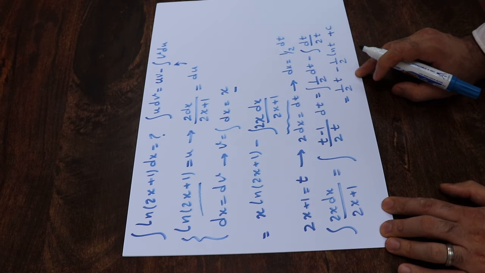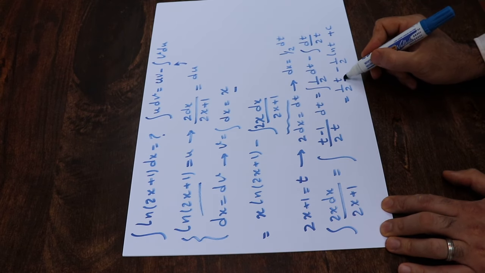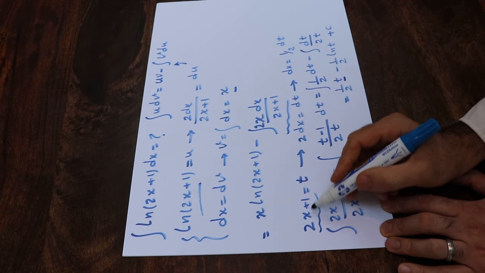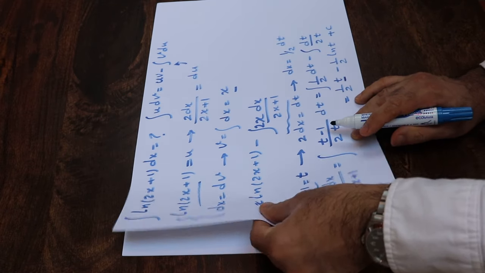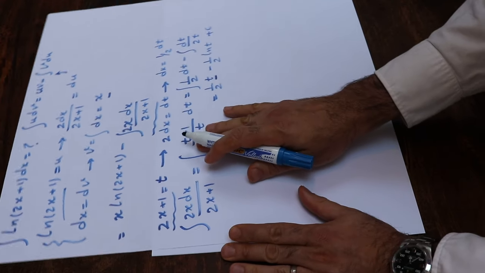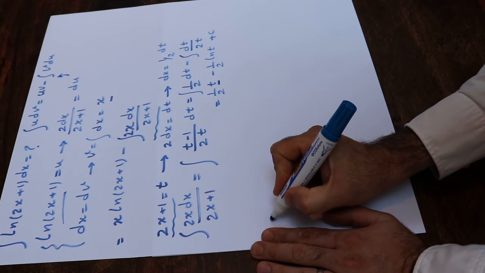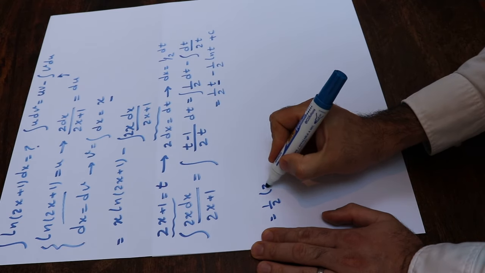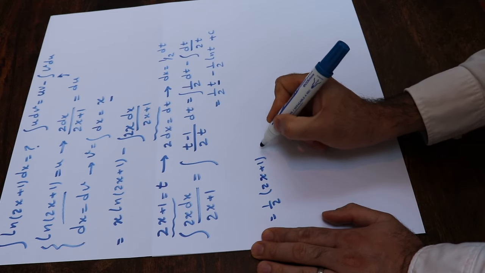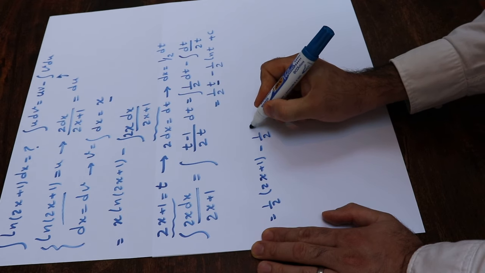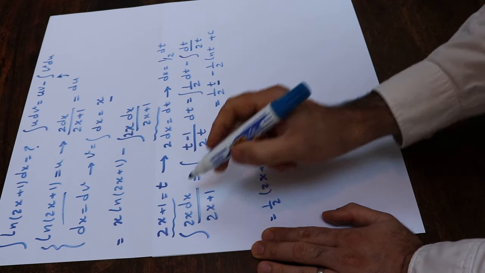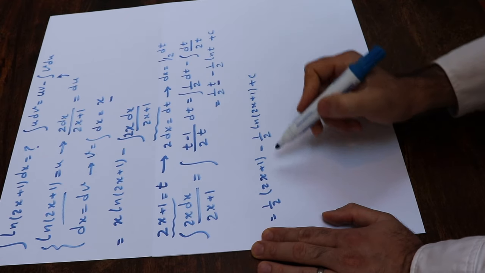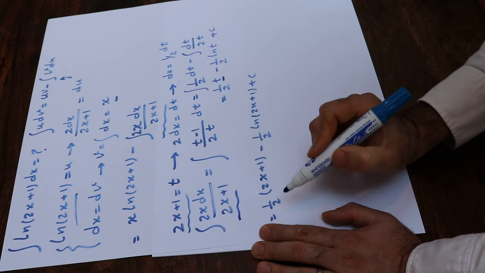So all you need to do here is substitute t with its definition, that is 2x+1. Therefore, this integral will be equal to 1/2 times (2x+1) minus 1/2 ln(2x+1) plus c. So that is the solution of this integral.